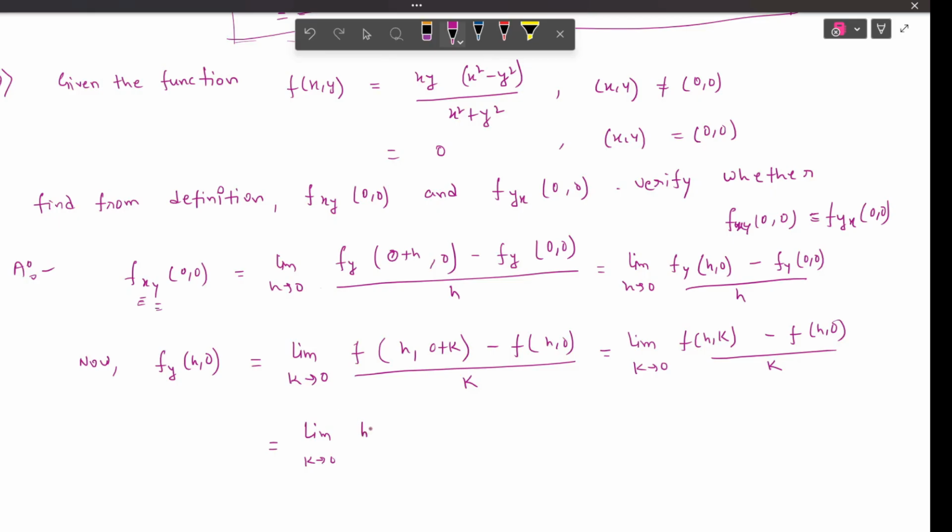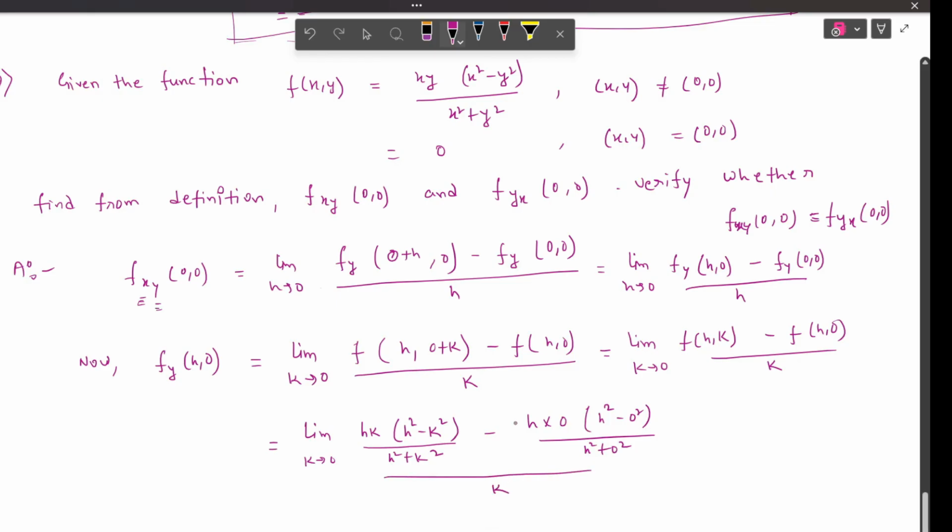So this should be hk (h square minus k square) upon (h square plus k square), minus, now you have to put h in place of x and 0 in place of y. This is minus h into 0, that means the whole term would be 0, but still we have to write (h square minus 0 square) upon (h square plus 0 square) by k.